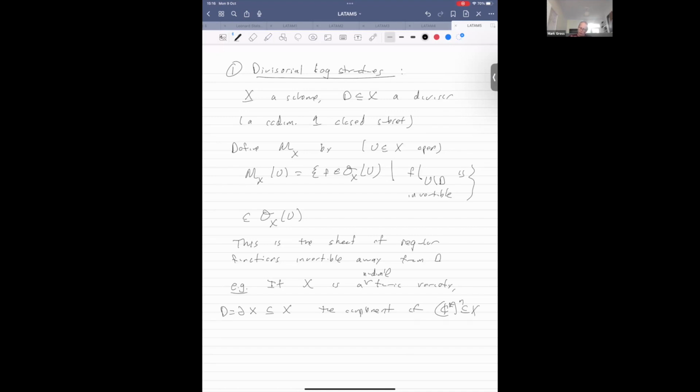If we take D to be the complement of the torus chart inside X, we obtain a divisorial log structure on X called the toric log structure.